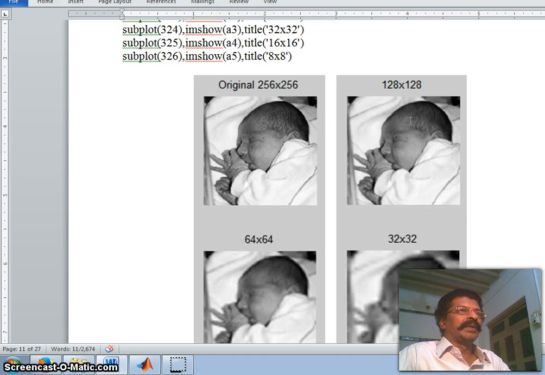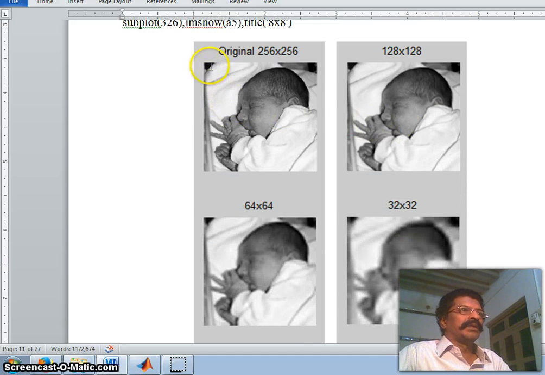Let us take a simple example. See that this image has 256 by 256 resolution. That means in the horizontal distance there are 256 pixels, and in the vertical distance there are 256 pixels. Therefore the pixels are very near to each other, and we get a finer quality of the picture.